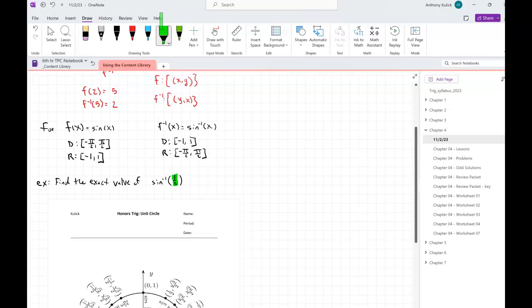The first thing I need to check is whether this problem is even doable. Does 1/2 lie in the domain for sine inverse? Basically I'm asking, is 1/2 between -1 and +1? The answer is yes. It is in between those two numbers somewhere.